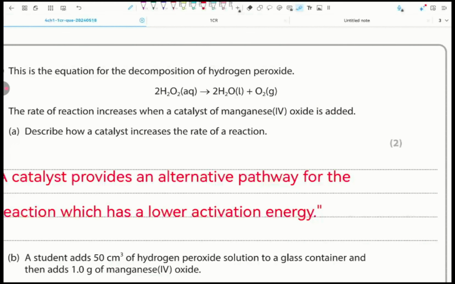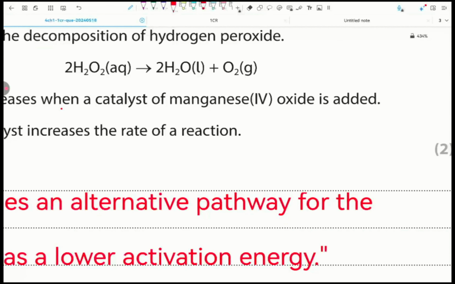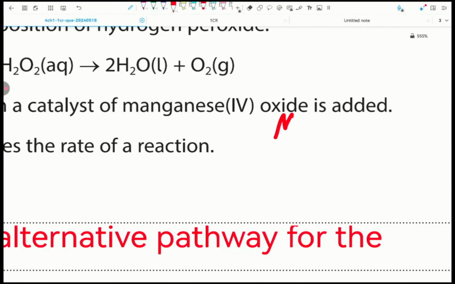Let's try, my friends, to use the information we have learned in the previous class to get the formula of manganese 4 oxide. So we have manganese here, Mn. This is manganese. 4 means plus 4.